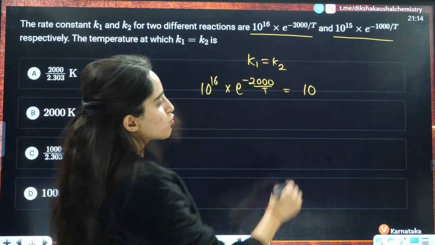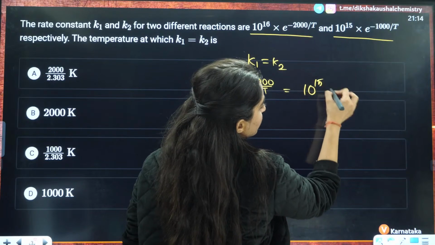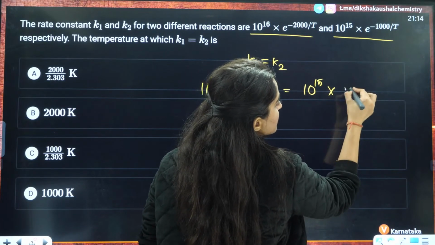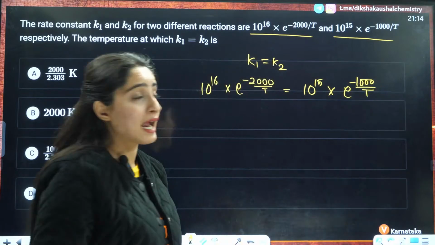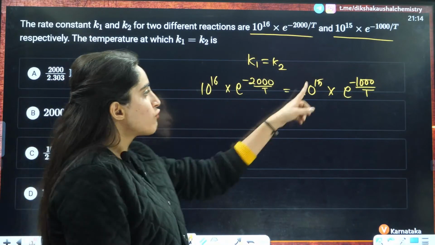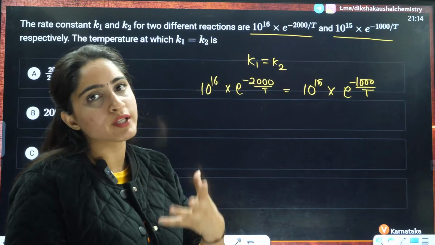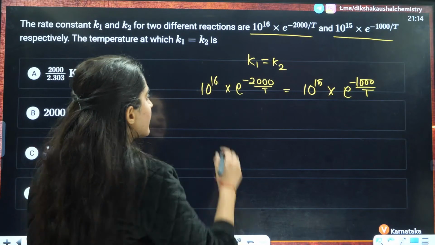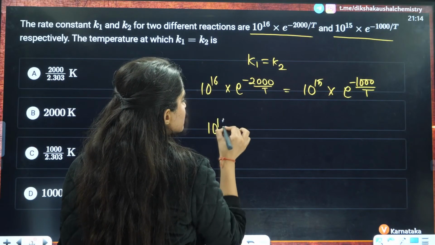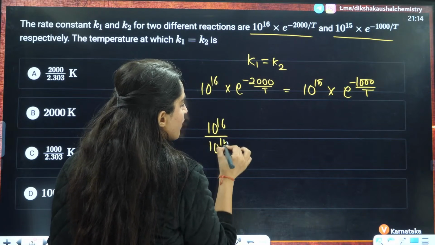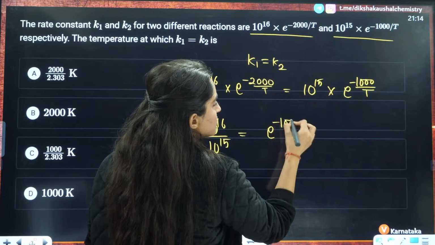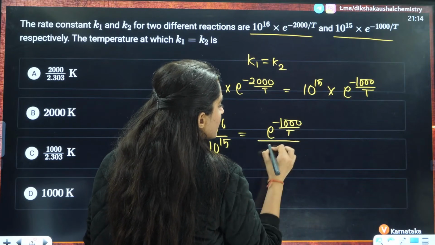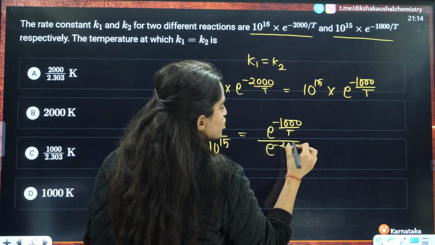That is equal to 10 raised to power 15 multiplied by e raised to power minus 1000 divided by T. Right, that is your second thing. Now, we will just try to calculate the value of T here. So it will become 10 raised to power 16 divided by 10 raised to power 15 equals e raised to power minus 1000 by T divided by e raised to power minus 2000 by T.